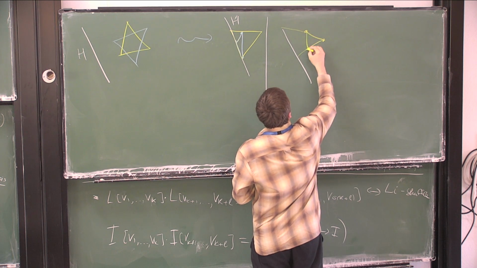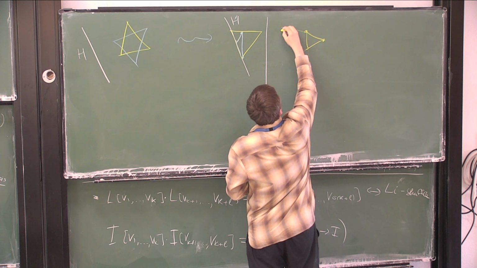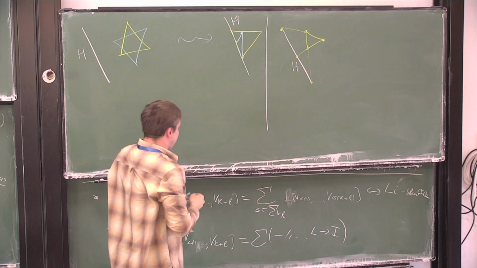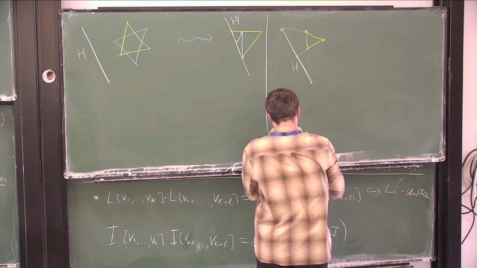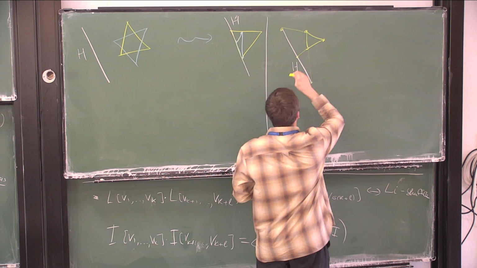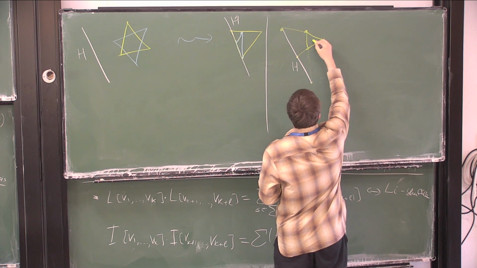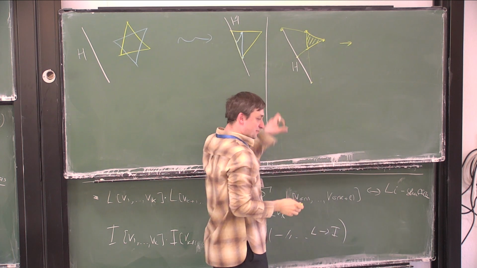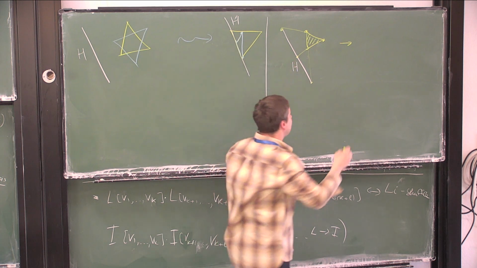So you take all of the intersections with this plane H, to intersect the sides of the triangle with plane H, which is a line in this case. And so you take this simplex and you apply the scissor congruence relations in the Steinberg.